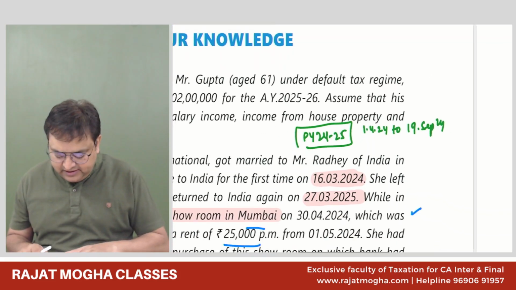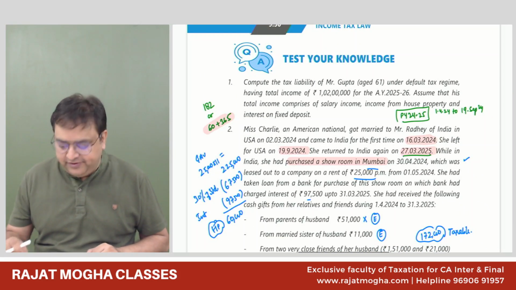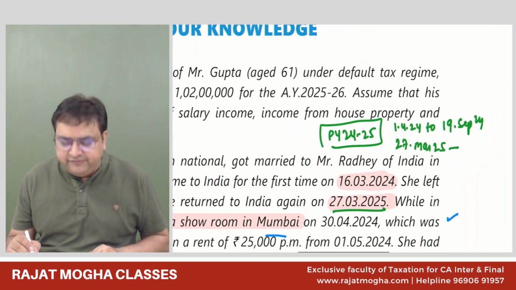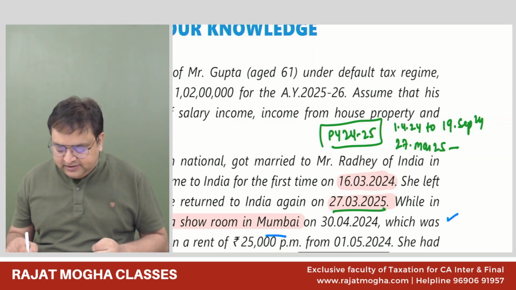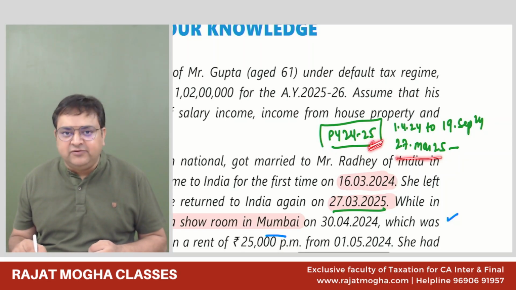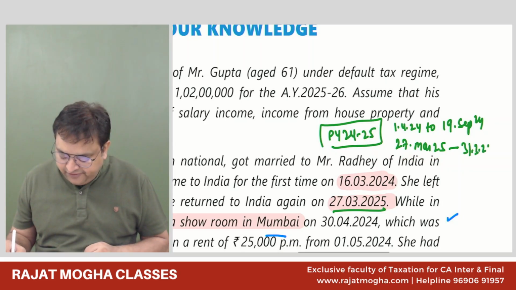And she again came back on 27th March 25, and we have not been given the information about when she went back. So we are assuming that when she came on 27th March 25, at least she was here till the end of this year, so it would be 31st March 25.